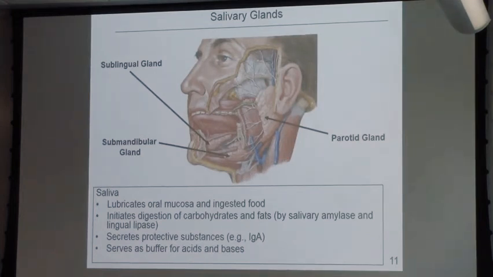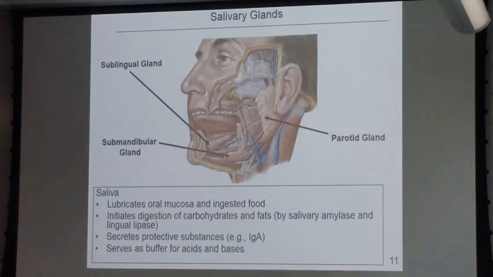In fact, your brain starts to stimulate the salivary glands to secrete saliva even before you start to chew food. I could stimulate your nervous system to start salivating. All I have to do is start saying things like lunch and lasagna. You are now salivating more than you were a few minutes ago because of that stimulus. You may not notice it, but it's true.